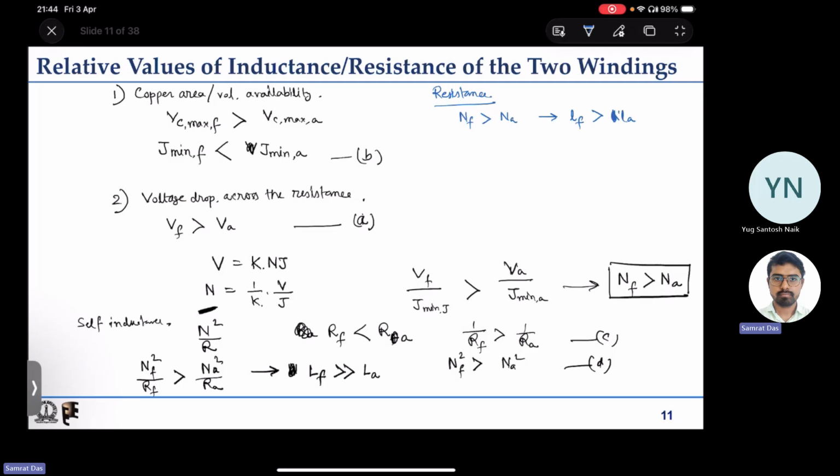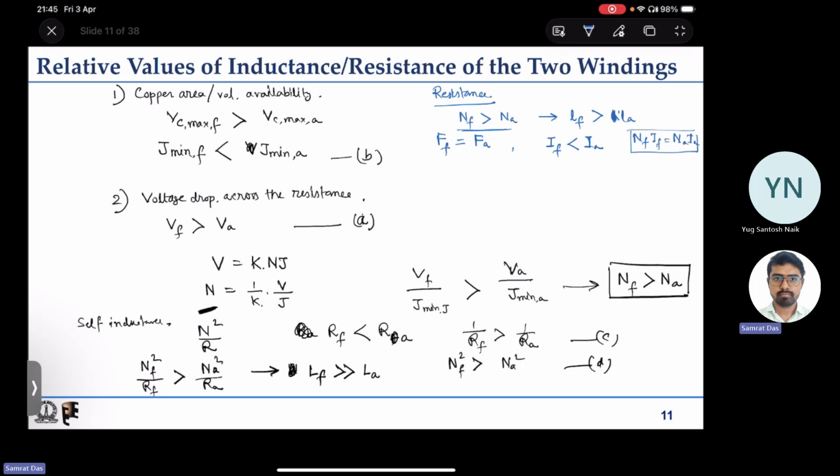Now if we assume that whatever MMF is required for the field winding is approximately equal to the MMF in the armature winding, then because we have Nf, the number of turns of our field winding, very high compared to Na, and If is nothing but Ia, this clearly tells us that If has to be quite low compared to Ia, because Nf into If is equal to Na into Ia.